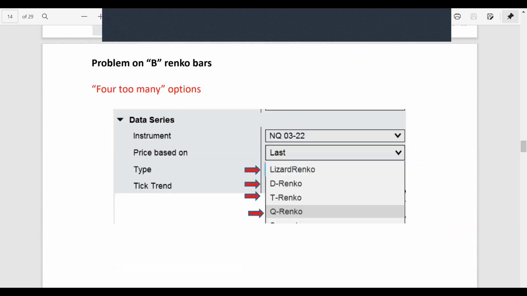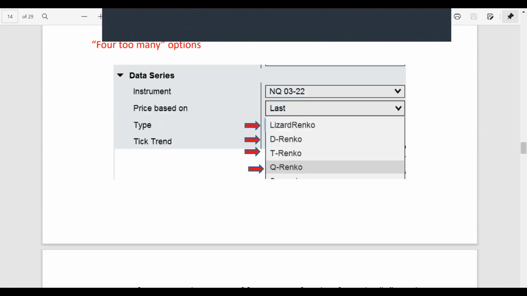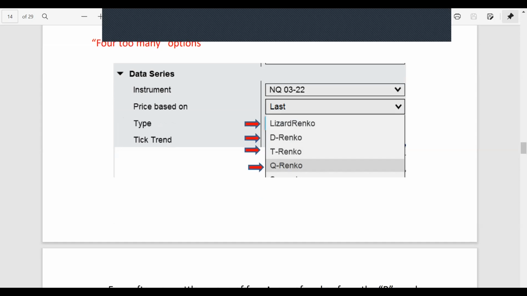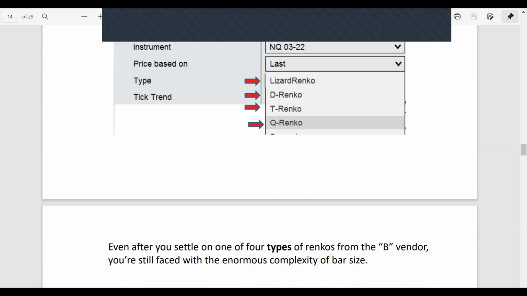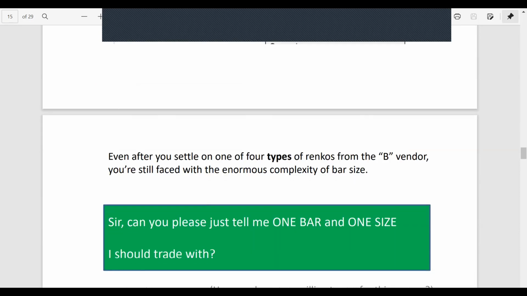And the problem with the B Renko, so another vendor, is that there are 4 too many options. When you open up the Lizard Renko, which one are you going to choose out of 4? So that all makes a very difficult decision for choosing Renkos. The size and which type.